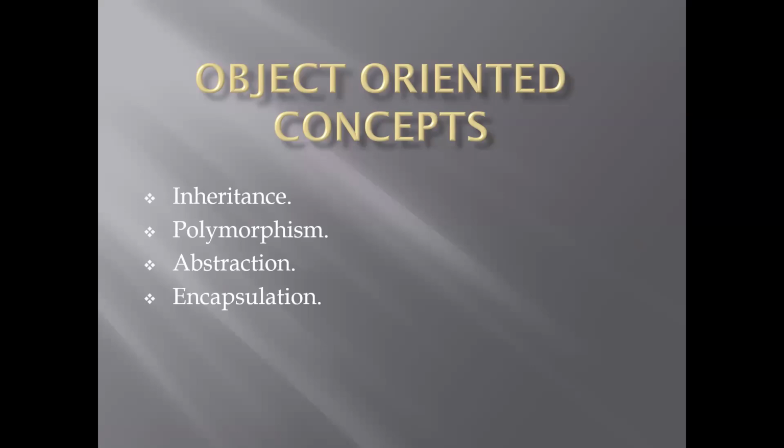The core advantage or the purpose of object-oriented programming in general, or any of these concepts of object-oriented, is code simplicity and reusability, and to make your code more readable and easy to maintain.